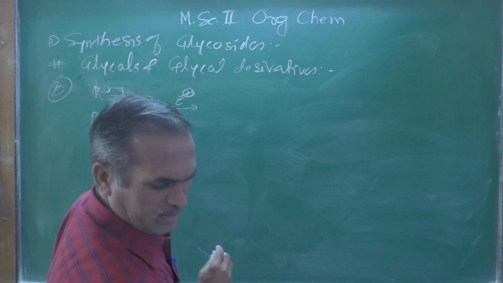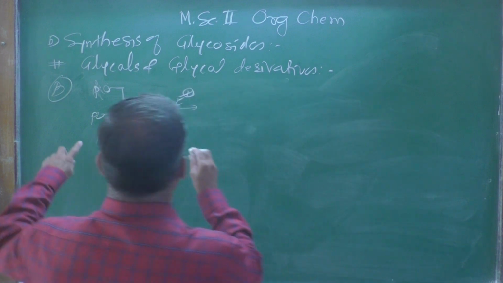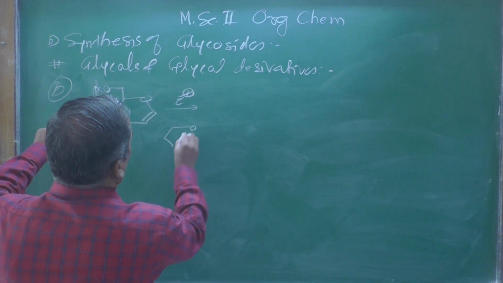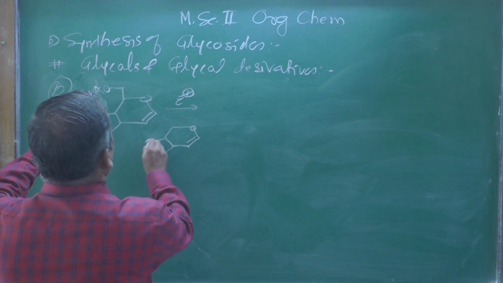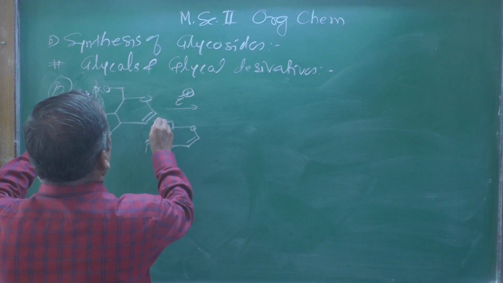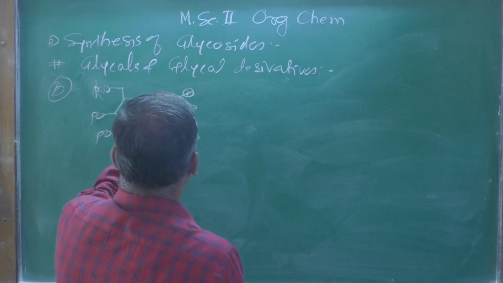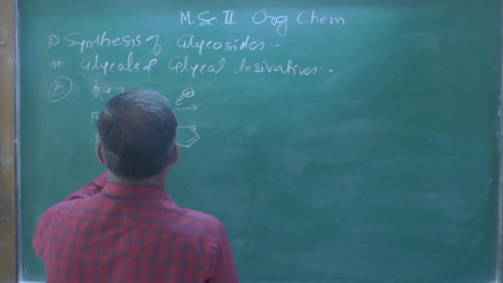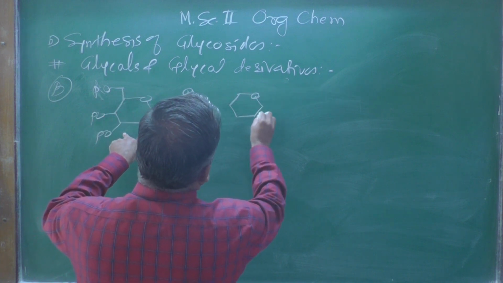So the electrophile and another compound of this one. This compound we are treating: double bond, then PO, then here is a HO. This is free. The electrophile is going to add over there, and this linkage is going to add over there, and so you will end up with this one.